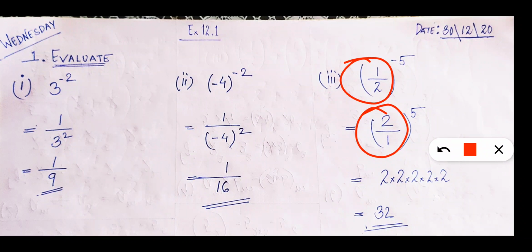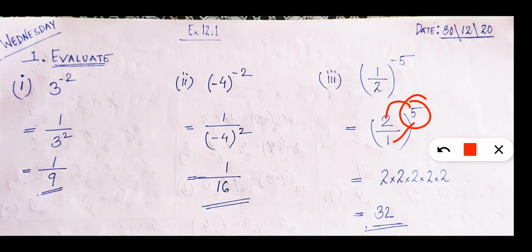Are you clear? Now this power is for all the numbers inside the bracket. So 2 five times is 2 into 2 into 2 into 2 into 2. Now 1 five times, if you multiply 1 for 100 times also, the result is 1. So 1 into 1 into 1 is obviously 1, and if it is in the denominator, you can avoid writing 1 in the denominator, no problem. If you write it, it's also not a problem.